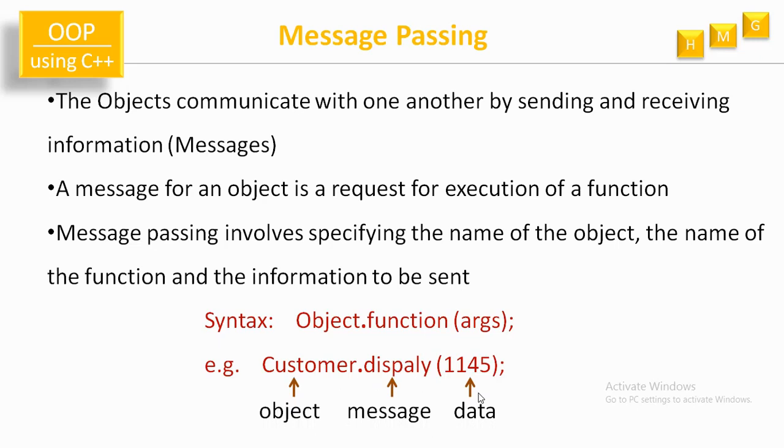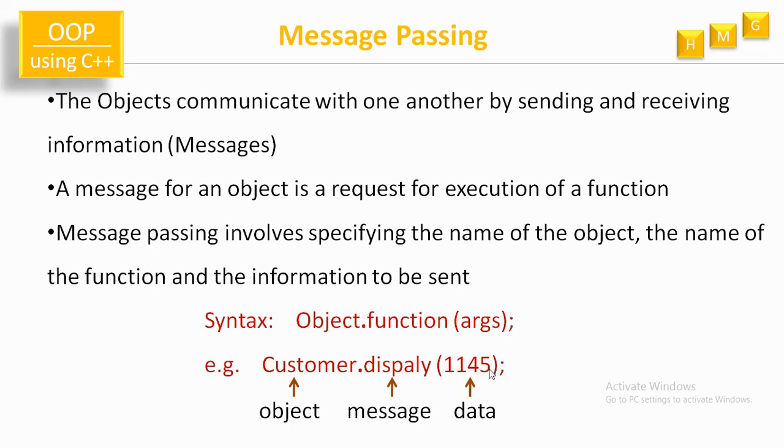As we mentioned, message passing involves specifying the name of the object, the name of the function, and the information to be sent. So the name of the object is customer, the name of the function is display, and the information sent is 1145. Here the customer object is requesting to display the account details of account number 1145.